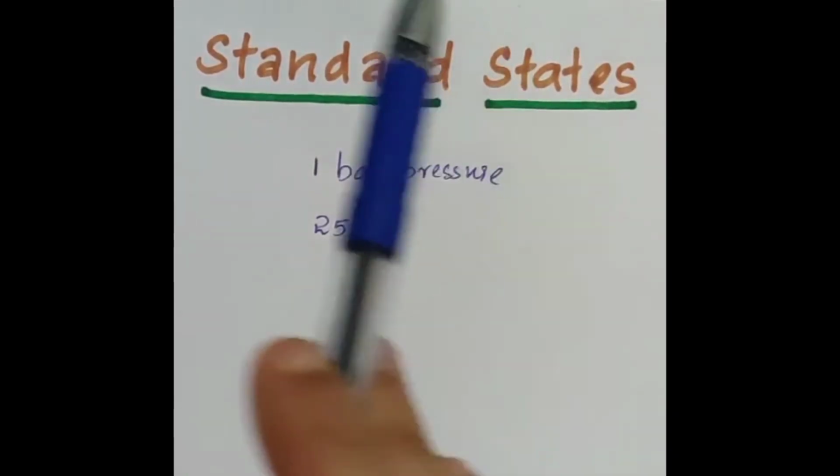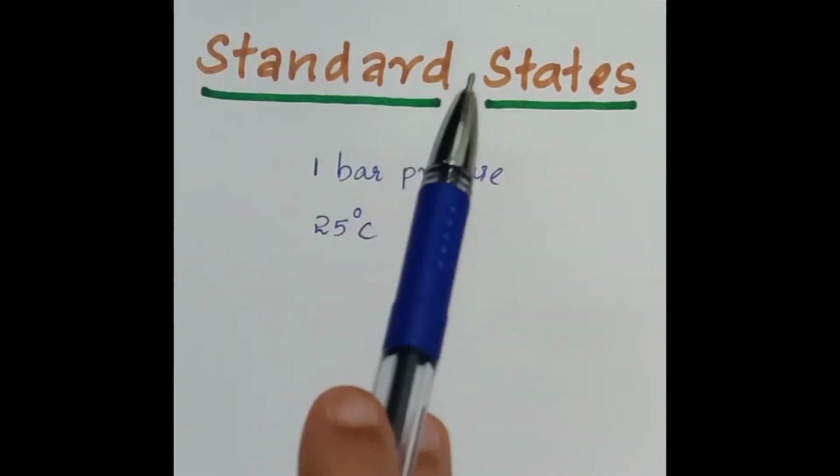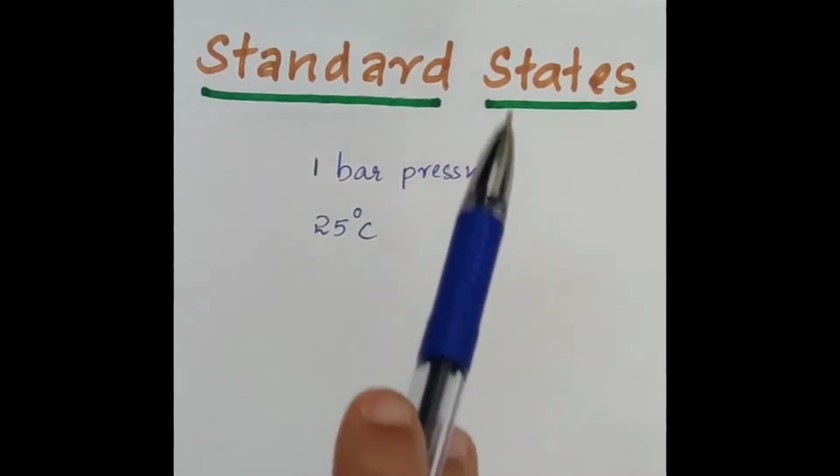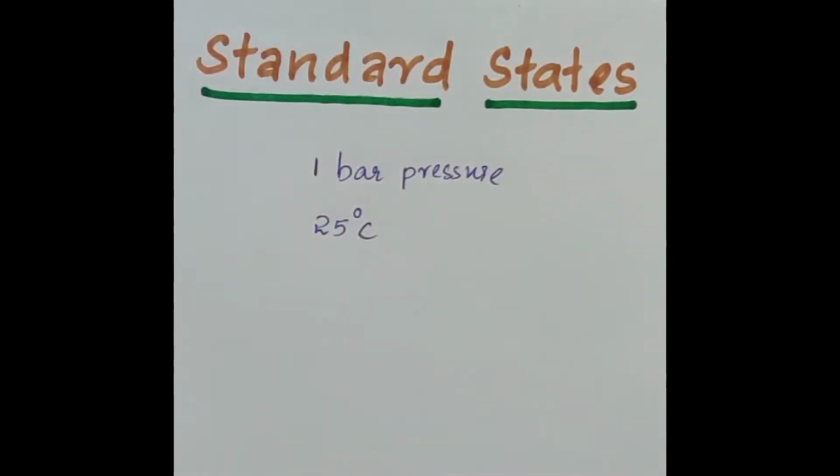That is, standard state means the pure form of a substance at 1 bar pressure and 25 degrees Celsius.